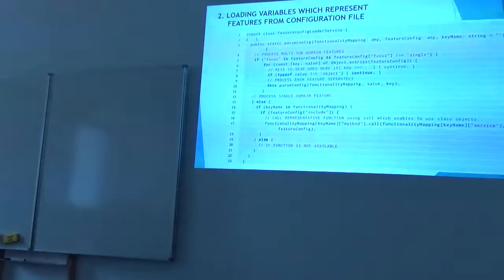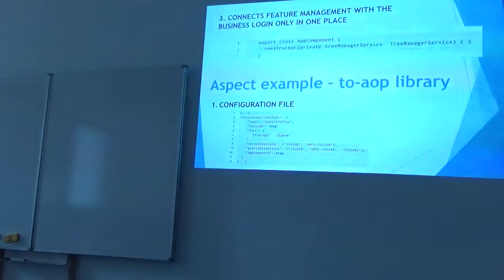To configure it further inside the code, what is necessary is to connect this aspect of feature management with the whole business logic, usually in the app component, which is the main component in the Angular application, where we inject this as dependency injection. This is only one line of code that connects the whole parts, and as you will see later, we can remove it easily. Here is the aspect example.